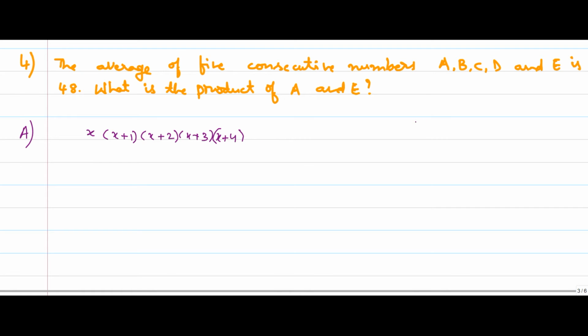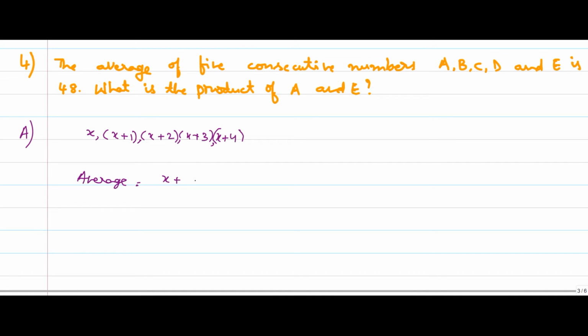Okay. Now we need to find the average. So let me write here average is equal to, okay, these are the numbers x, x plus 1, x plus 2, x plus 3 and x plus 4. Now I need to see the sum of the observations.